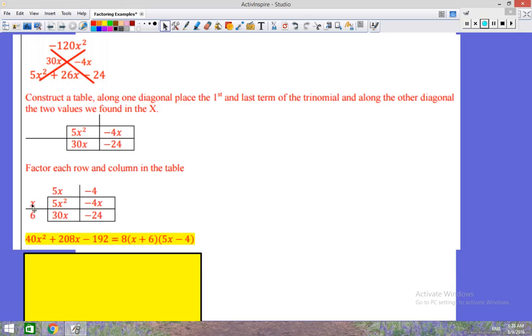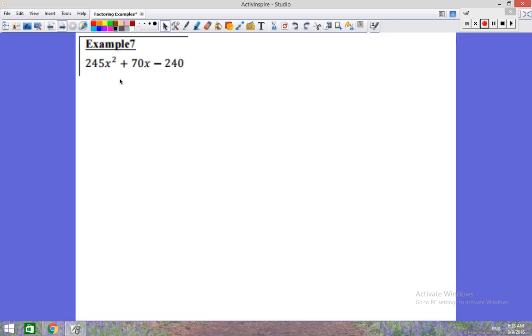This binomial x plus 6 and this binomial 5x minus 4. And remember my comment, I can't lose that common factor of 8 that was my first step. I can't say that x plus 6 times 5x minus 4 is equal to that original trinomial that I had. I need that factor of 8 in there. All right.